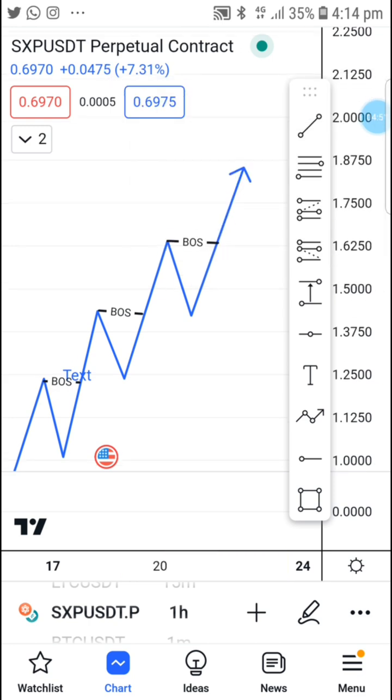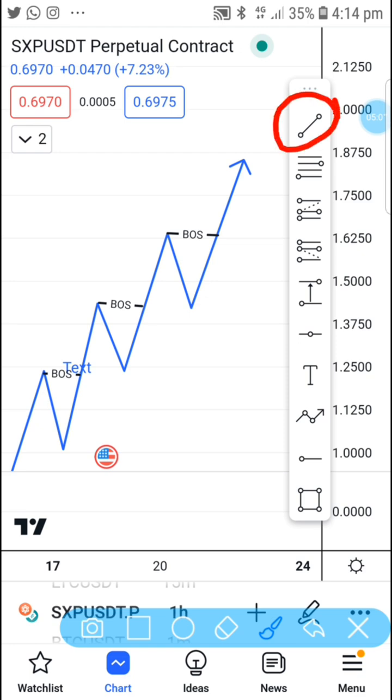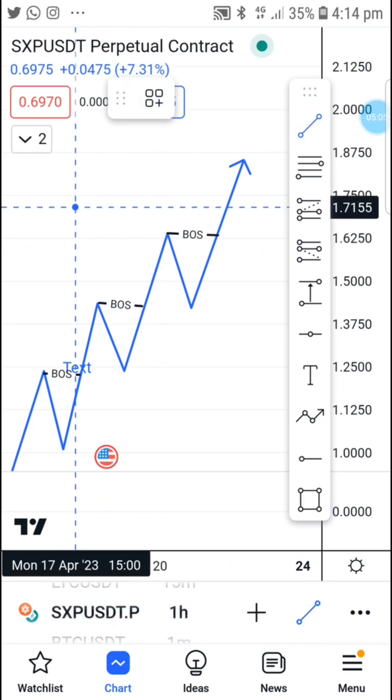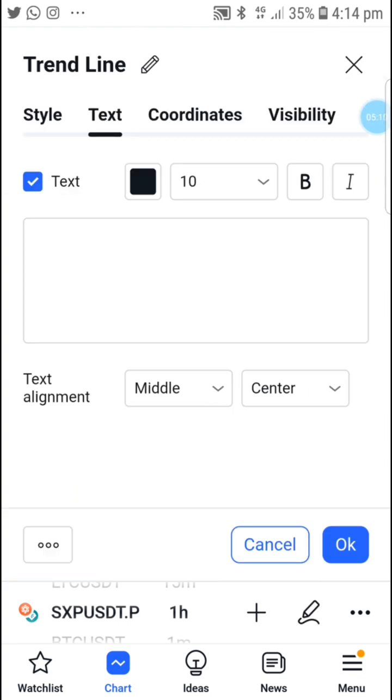For people that will be worried about how I am doing my break of structure, you just look for the text on your trend line. When you click on your trend line, for instance, just draw one trend line and double click on it, go to the text section.